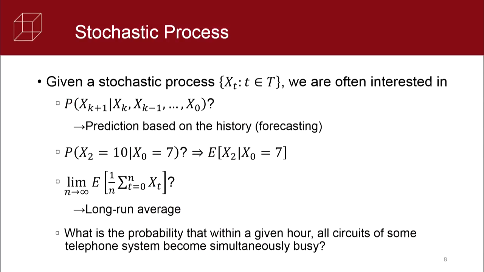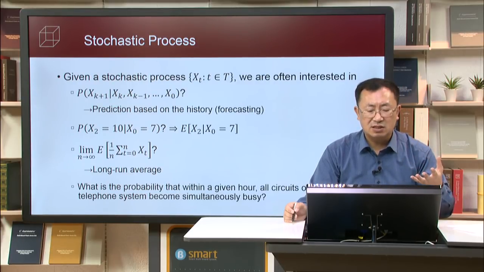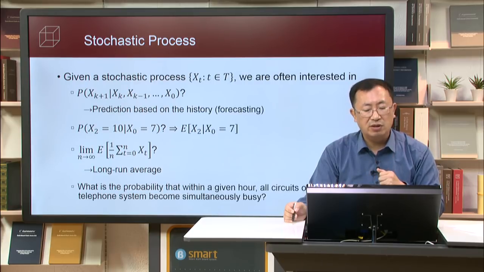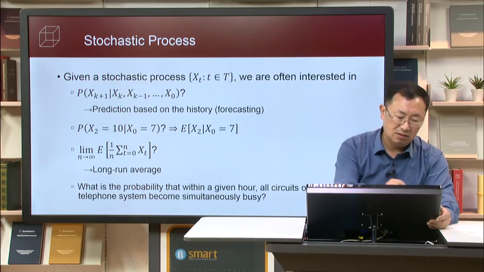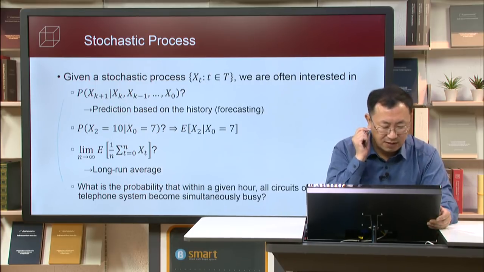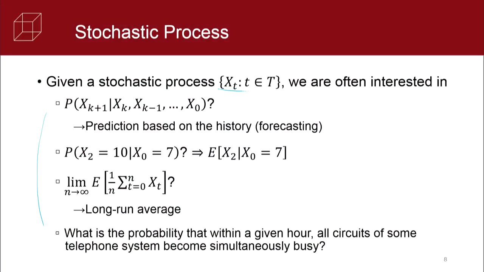Right. So why do we try to use the stochastic process to model the evolution of a dynamical system? Well, if you can represent the evolution of the dynamical system by using a sequence of random variables, we can answer the following questions. For example, by using the sequence of random variables, you may calculate the conditional probability.